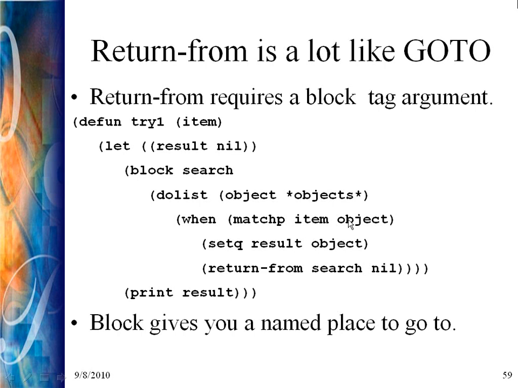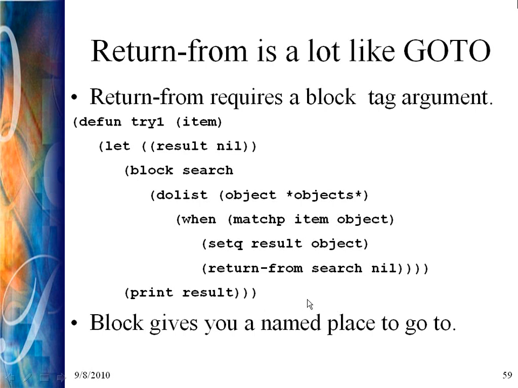If we find a match, we set the variable result to that object, and then we return out of this list and out of the entire block. And then we print the result, and we're done. If we go through all of objects and we don't find a match, then result will be nil, and that's what will be printed, nil.